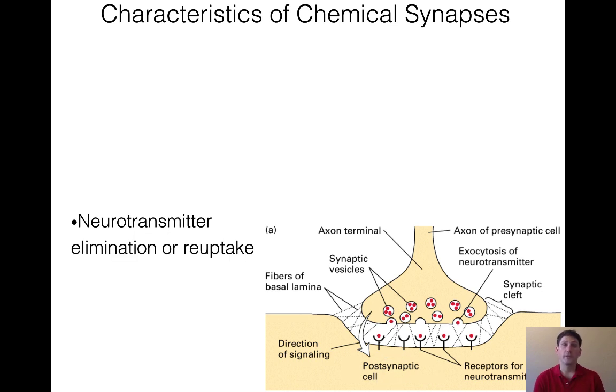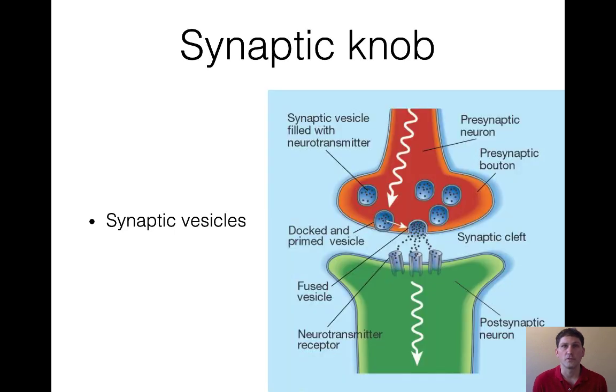Now, when those neurotransmitters are dumped into the synaptic cleft, they need to be removed, reused, recycled, or broken down. Otherwise, they would just continue to bind to those receptors. We're going to look in more detail at this, but this image shows our signal coming down our presynaptic neuron.